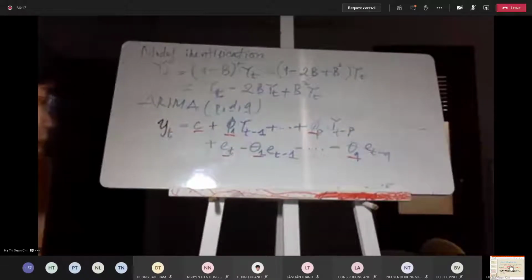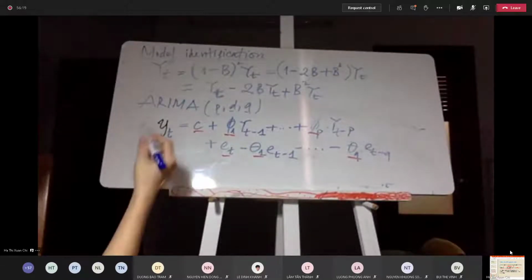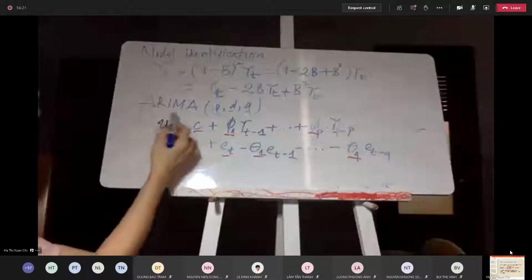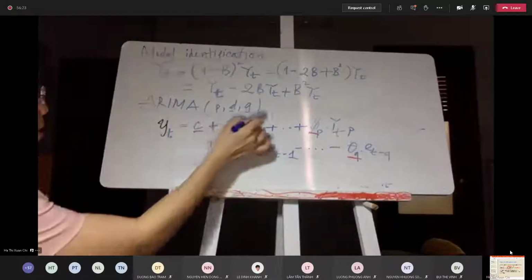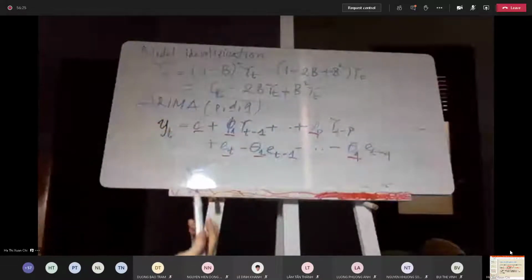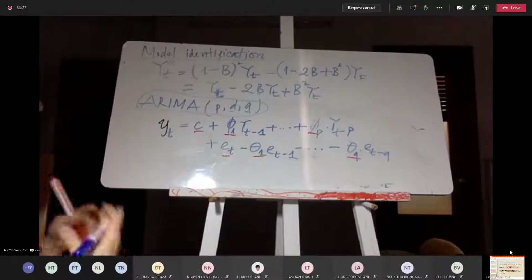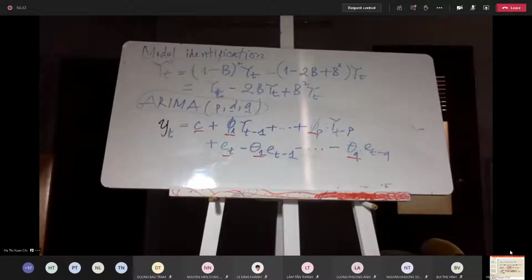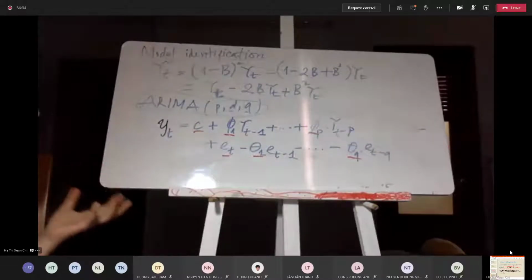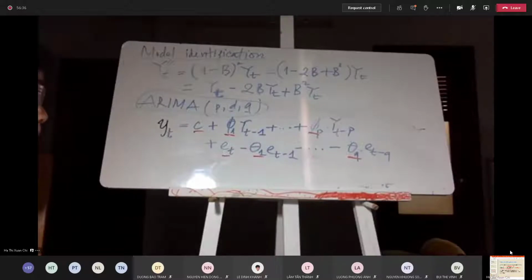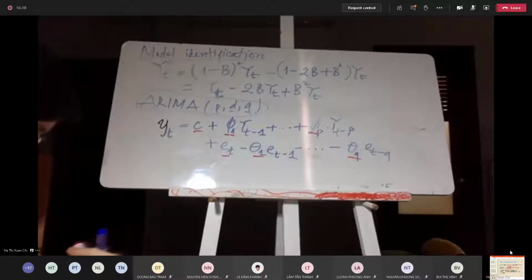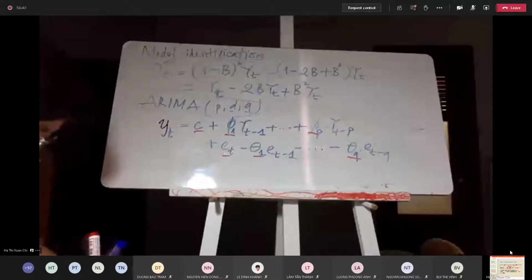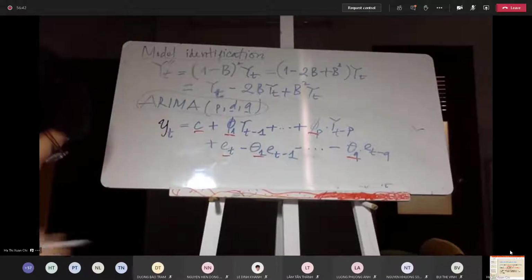But they say that to select the ARIMA model, we need a lot of experience. It means we need to practice, work with data, and run it many times so we get the experience of what is suitable. So it needs a lot of technical skill.